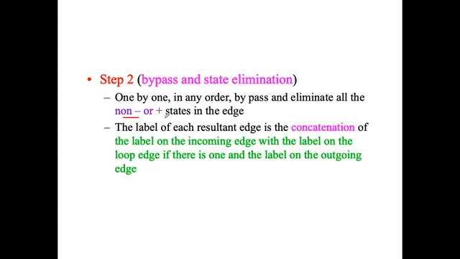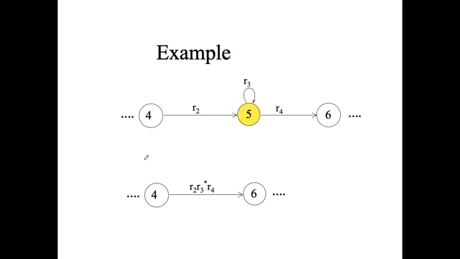The label of each resultant edge is the concatenation of the label on the incoming edge with the label on the loop edge if there is one, and the label on the outgoing edge. Let's see. So we have non-final states 4, 5 and 6. Now we want to eliminate state number 5. There is this incoming transition, a loop and an outgoing transition.